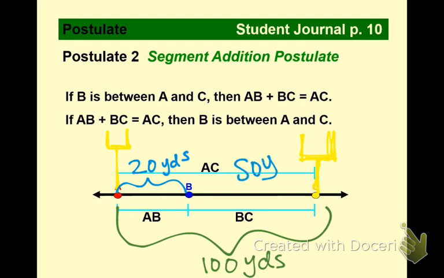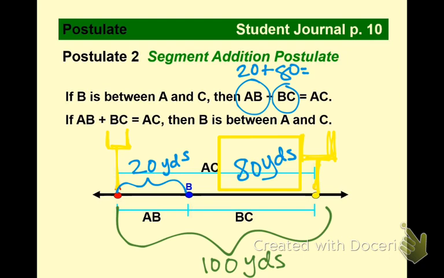Congratulations, you just used this postulate. Because what's the length of AB in this picture? 20. What's the length of BC? 80. And what's the length of AC? 100 yards. So you do it a lot in your head without writing it out on paper.